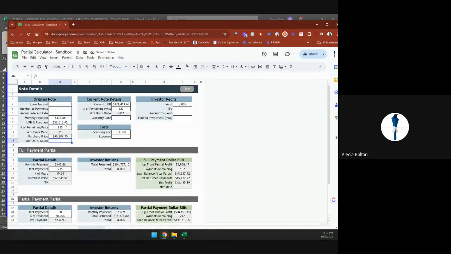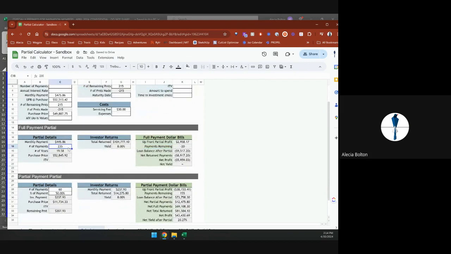Okay, so PB payments 8%. All right, so with this, if you just wanted to sell 60 payments, you'd have a net yield of 17%. If you wanted to get all of your money back, how many payments?